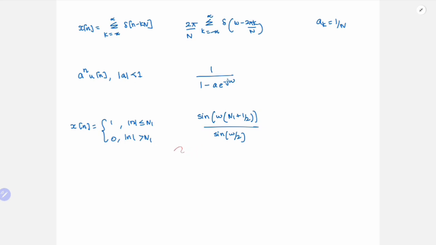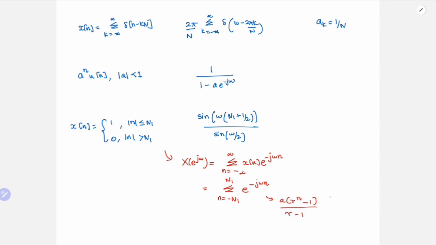So how will I get this? With this, my X(e^(jω)) is nothing but summation n equal to, since it is an aperiodic signal, I'll have minus infinity to infinity x[n] e^(−jωn). Now if I substitute, I'll get summation n equal to minus N1 to N1 of 1 times e^(−jωn). So this is the sum of a GP, which is nothing but a(r^N − 1)/(r − 1). This is for N terms. So here what is N?